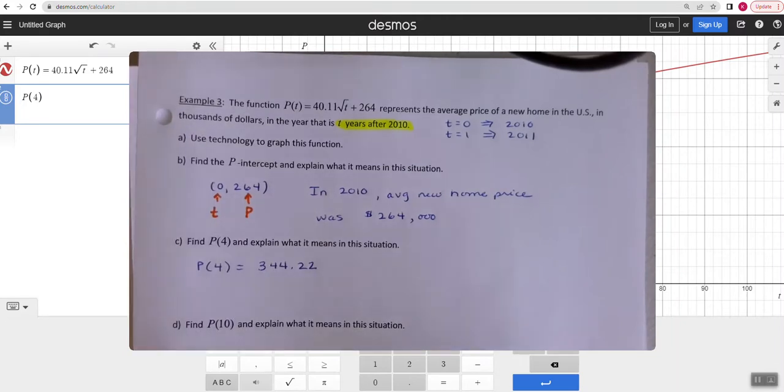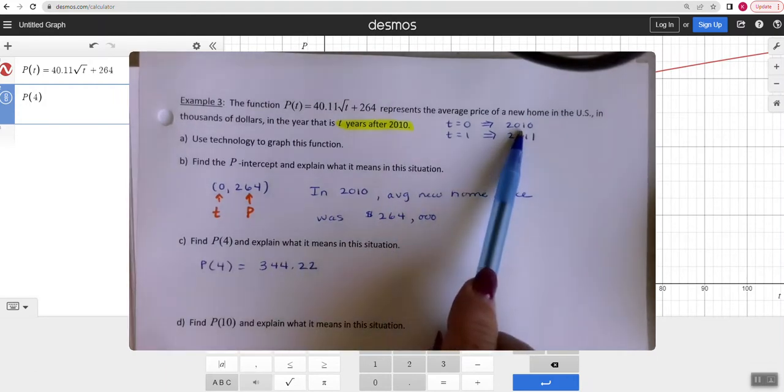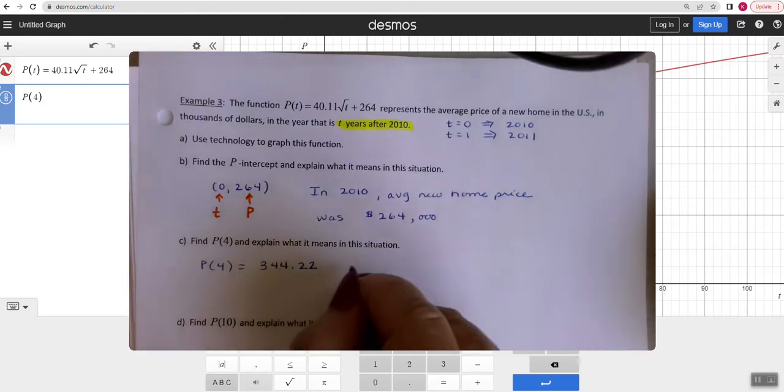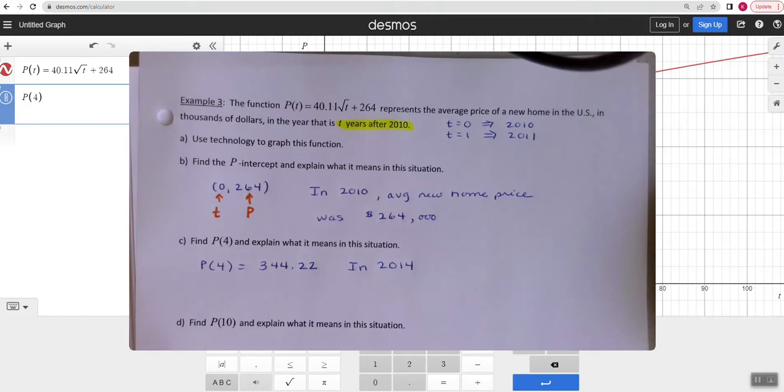So again, what does it mean? Well, we've now gone 4 years past 2010, our starting year. So we're in 2014. And that average new home price has gone up to a little over $344,000.